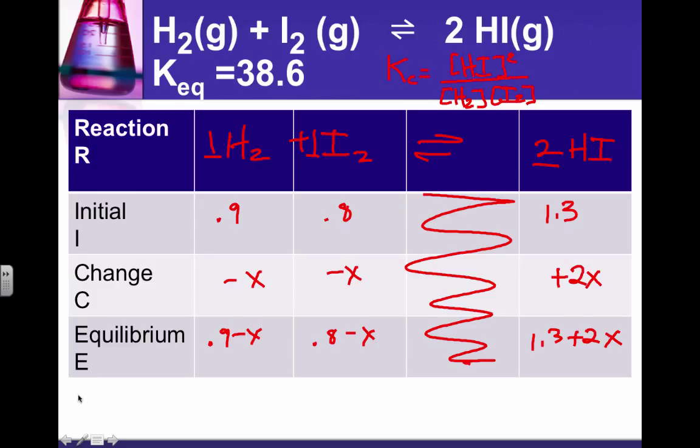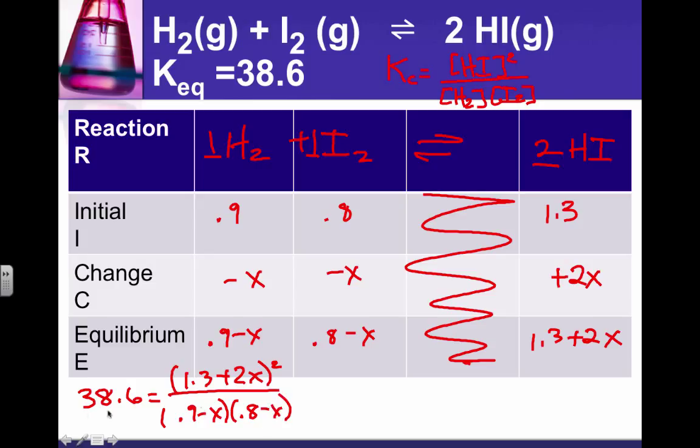And we have an equilibrium value equal to 38.6. I'm going to put my products over the reactants. So 1.3 plus 2x goes up top, and that gets squared, divided by 0.9 minus x times 0.8 minus x.